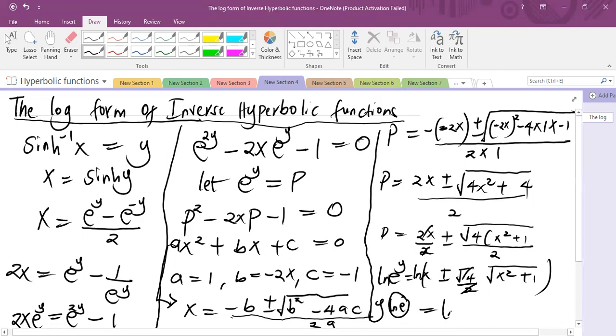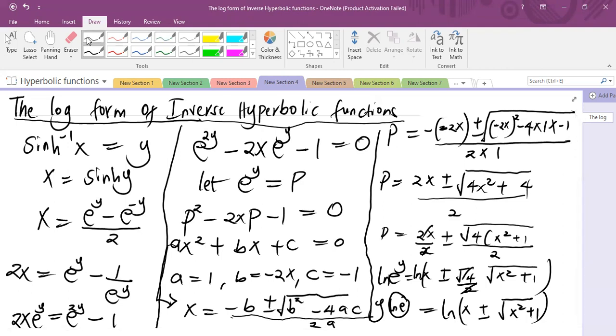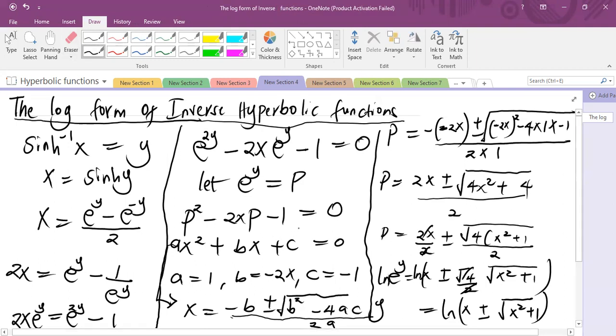So this is equal to ln of x plus or minus the square root of x squared plus 1. So our y is equal to ln of x plus or minus the square root of x squared plus 1. And basically, that is the log form of sinh inverse of x.